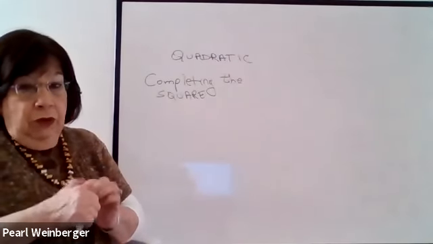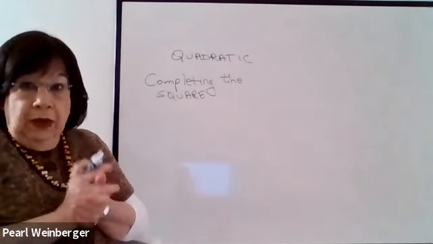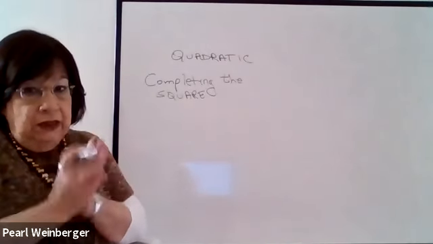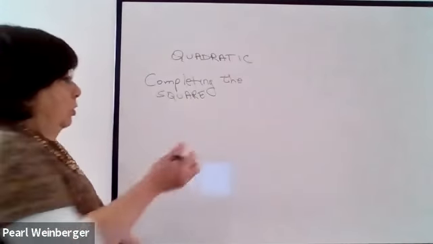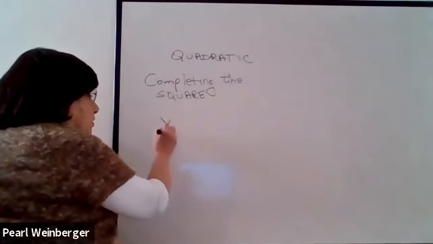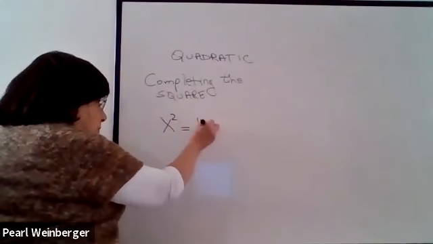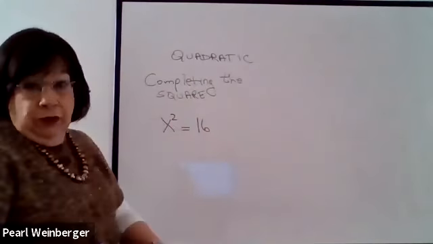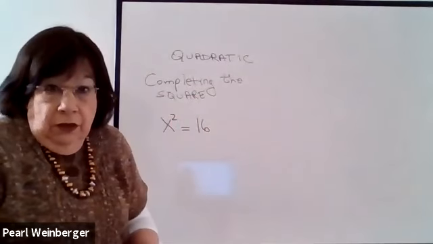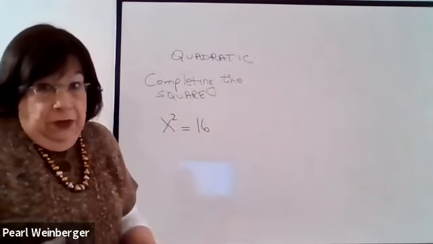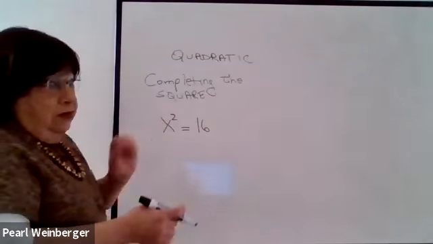So the first thing I want to talk about is, what if we have a very simple quadratic equation? What if I have an equation that looks like this? x squared equals 16. That's a really simple quadratic equation because it just has a plain x squared, but it's definitely a quadratic equation.